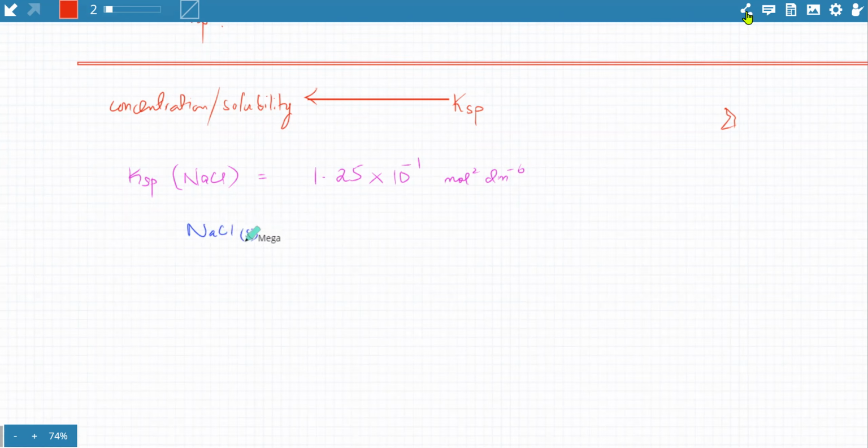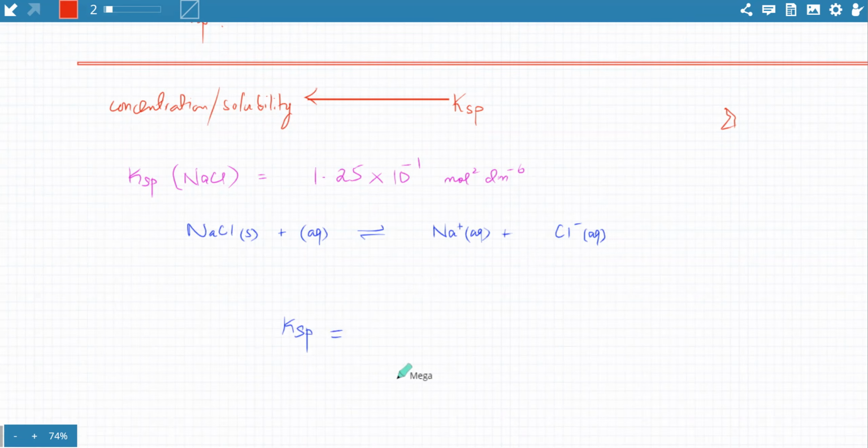Now NaCl solid mixed in water, so that's aqueous, and it's going to form Na+ aqueous plus Cl- aqueous.